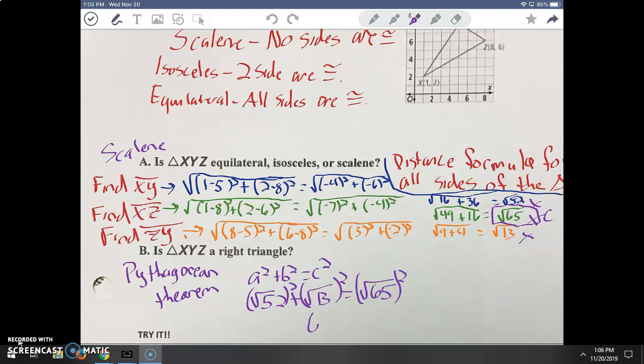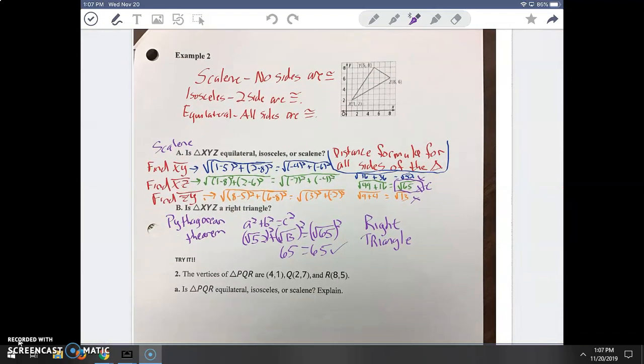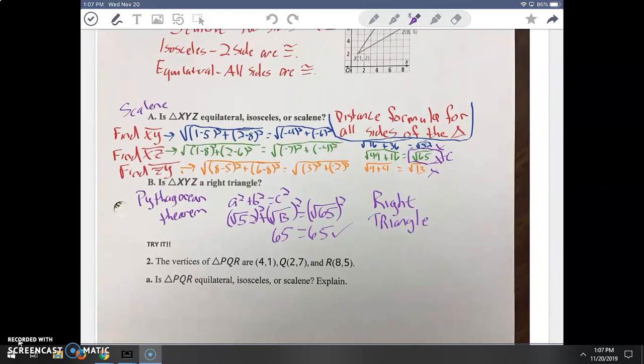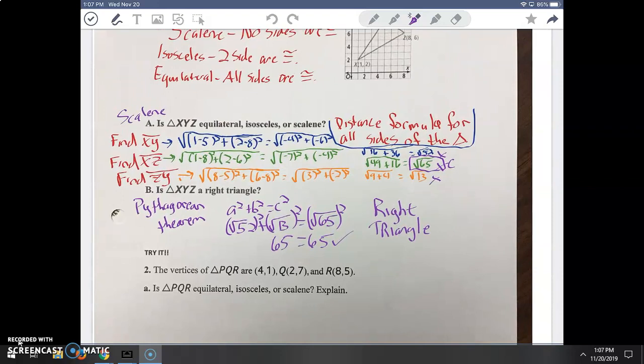They'll both equal 65, 65 is equal to 65. So yes, this is a right triangle. Okay, so you try the next one on your own. And then I'll probably come back with a different video to show that.